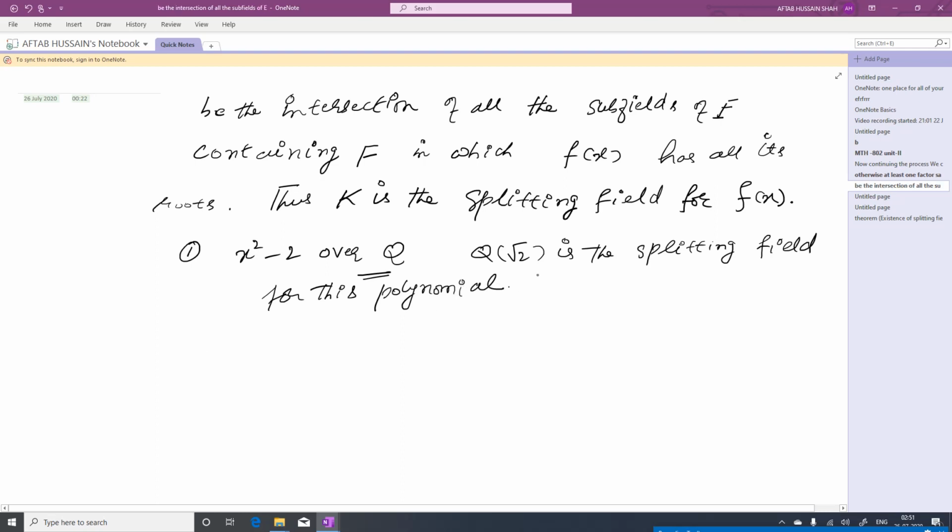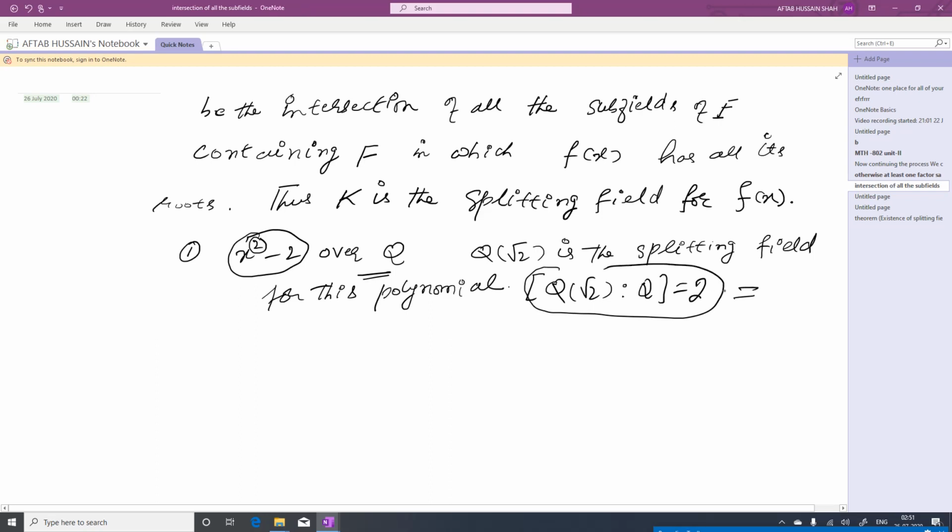And we know that the degree of extension of this Q(root 2) over Q is 2. So 2 is also the degree of this polynomial. So there is a relationship between the degree of the polynomial and the degree of extension of the splitting field. Here they are the same.